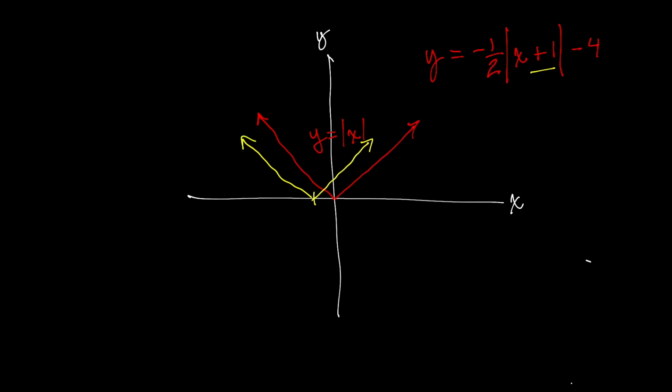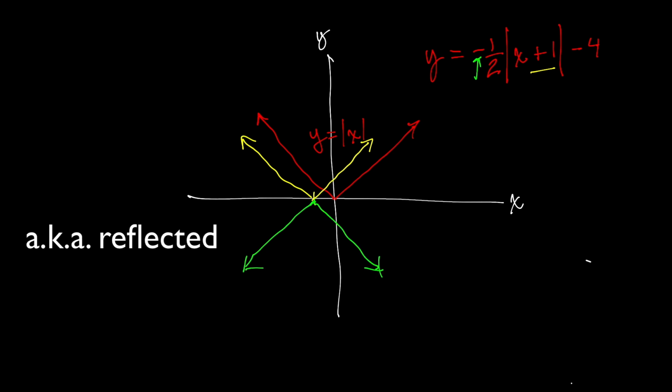Then I'm going to flip it. How about that? So then it gets flipped like this. Then it will get, let me pick a different color here. It will get shrunk by a factor of 1/2.